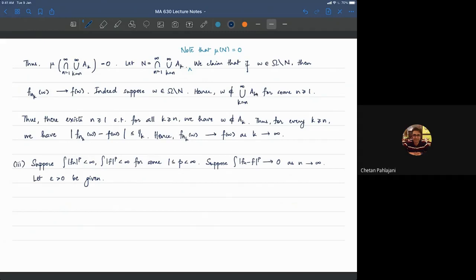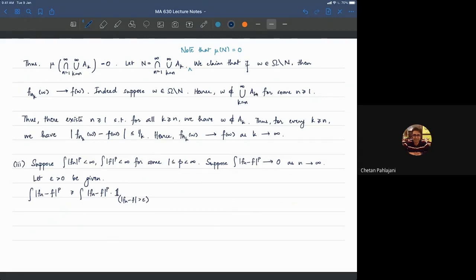Okay, now look at the integral of absolute value of f_n minus f to the p. Actually, I want to do the following. No, actually, this is fine. So this is going to be greater than or equal to the integral of absolute value of f_n minus f to the p times the indicator of absolute value of f_n minus f greater than epsilon.